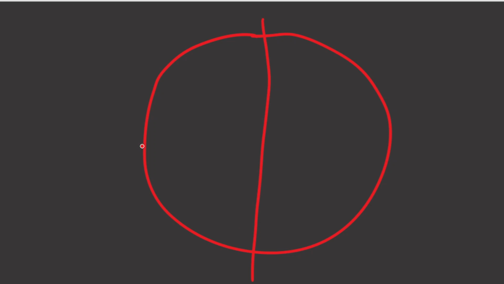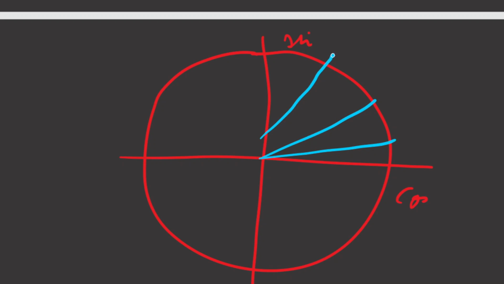I'm going to draw the unit circle again, just to make things clear and not use my previous one. Again, this is for the cosine, this is for the sine, and we have our angles.